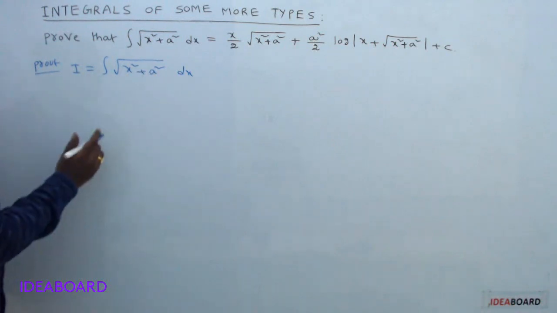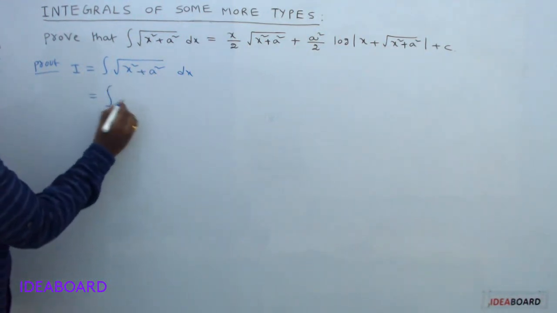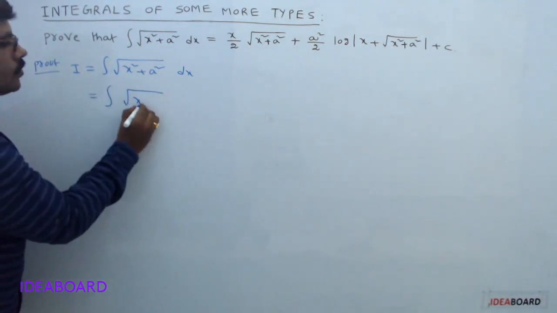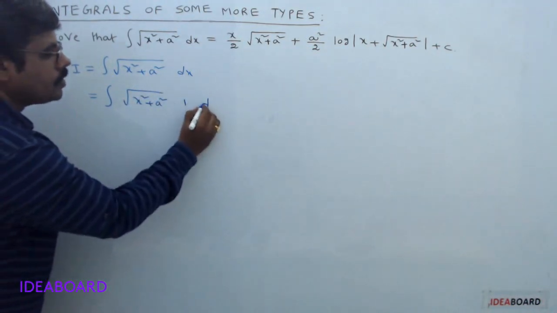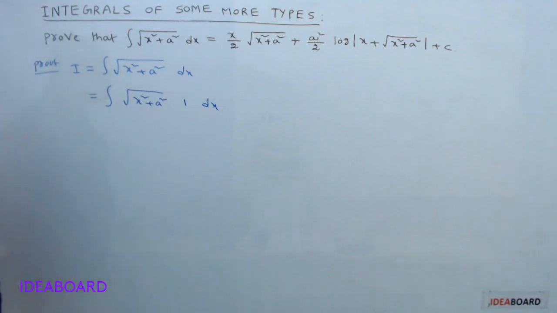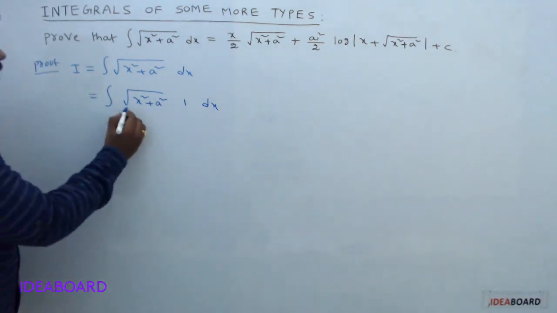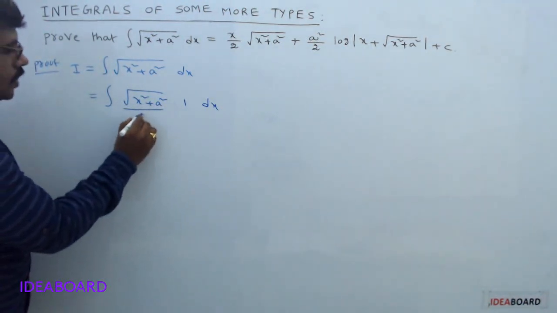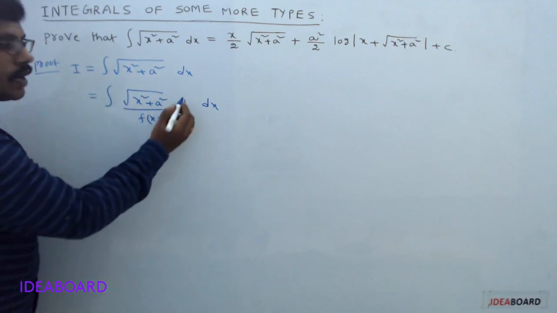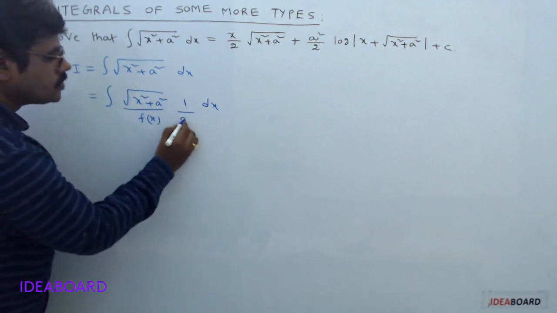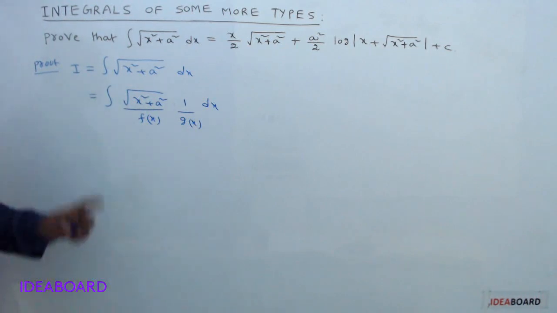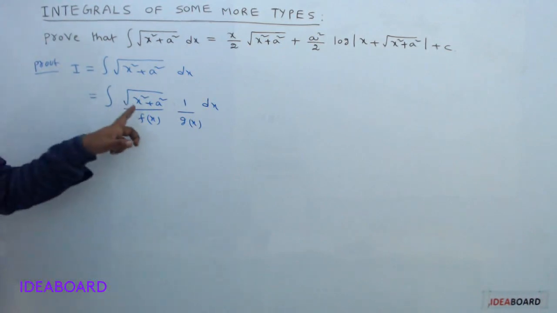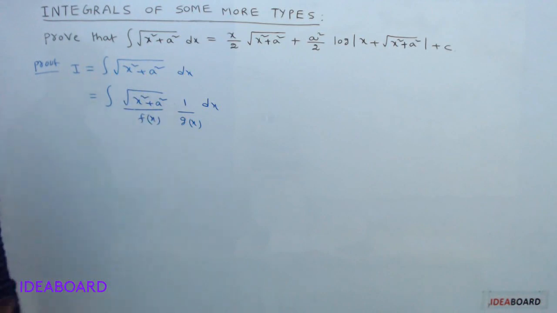This root of x square plus a square can also be taken as root of x square plus a square into 1 into dx. Here consider root of x square plus a square is f of x and the constant one as g of x. Then you can apply integration by parts formula on these two functions. What is the formula of integration by parts?